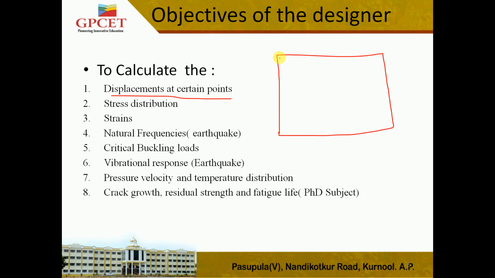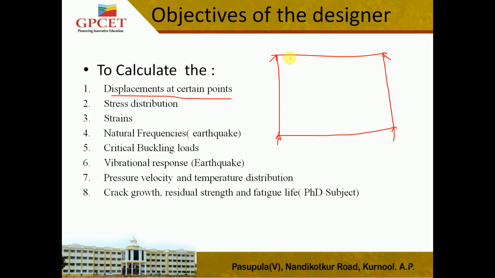In traditional methods, we calculate only at the edges. We can find the torsional stresses or any other stresses only at the edges, but we cannot find them at any point in the slab. Therefore, FEM is used to find the displacement at any point in the structure.